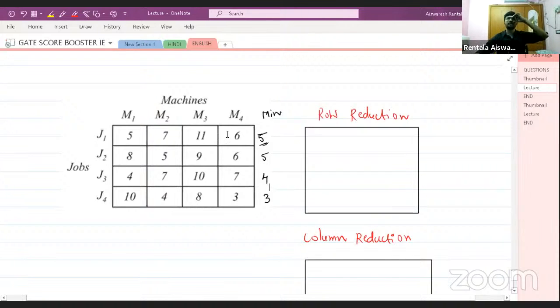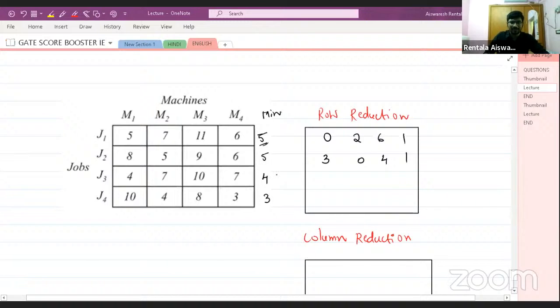Why are we doing this? The reason is we need at least one 0 in each and every row. It comes out to be 0, 2, 6, 1. In the second row, 5 is the minimum, so this will be 3, 0, 9 minus 5 is 4, and 6 minus 5 is 1.